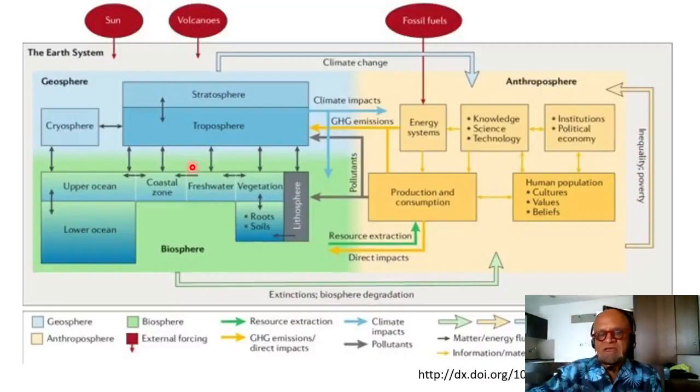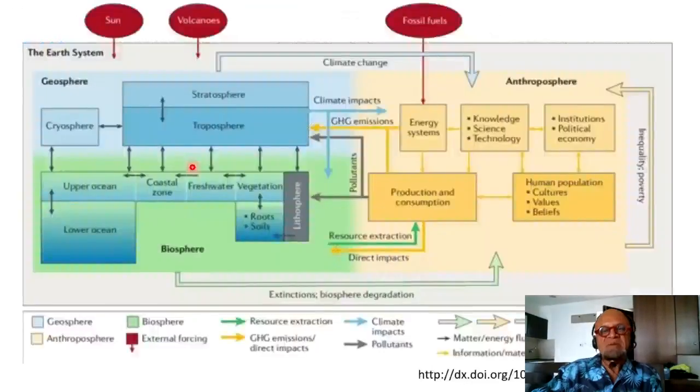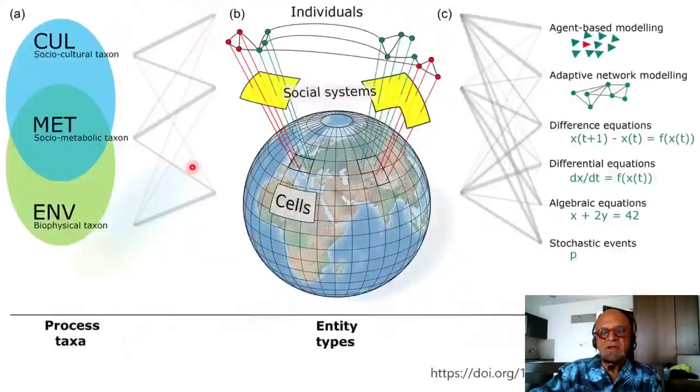So I won't show an example, but you can see somewhat of an example in the same context as the Earth system here, but now it has a bit more details of connecting our dots. So you have socio-cultural taxon here, and you have socio-metabolic taxon and biophysical taxon.